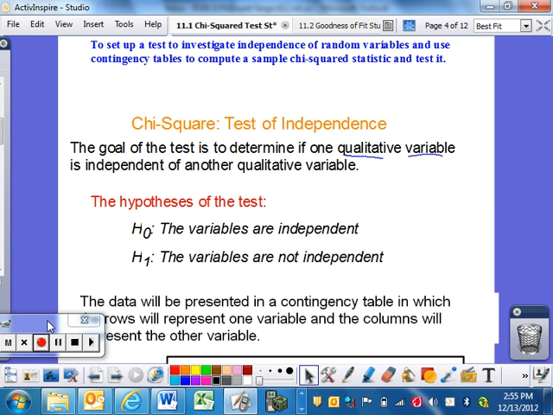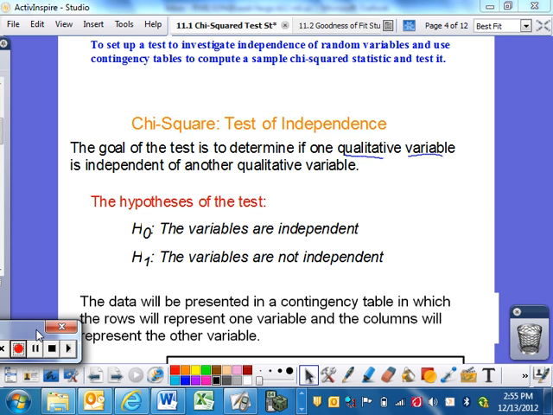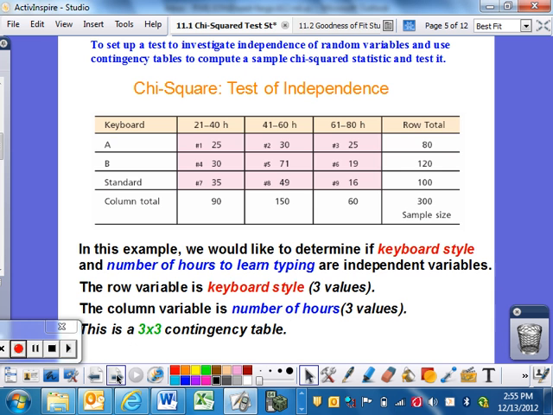Every single one of these will be presented in a contingency table or some type of box or table, with rows being one of the variables and the columns being the other one. So here's an example. We're going to look at what kind of keyboard one uses and learning how to type, and we're going to see if these things are independent or if the keyboard really does depend upon how fast you type.